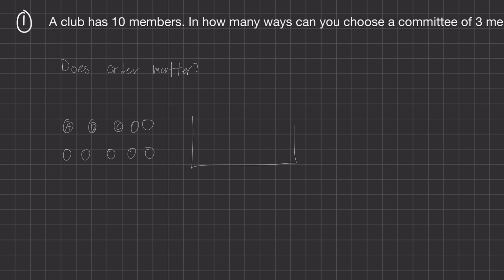Let's say inside this box is the committee. Say we choose people A, B, C in order, and then in some other case we chose C, B, A. We notice that in this context these two are actually the same thing. That would mean that order does not matter here.